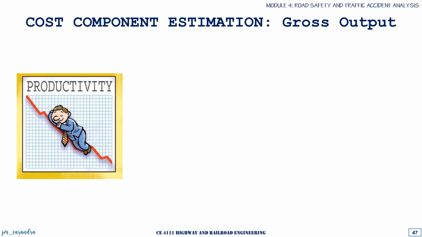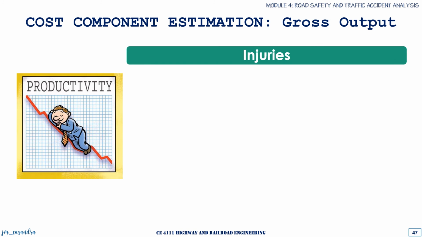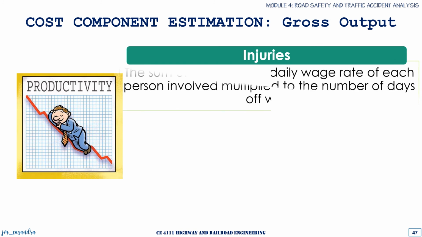So for cost component estimation using gross output, the productivity loss in terms of injuries is simply the sum of the average daily wage rate of each person involved multiplied by the number of days of work lost.